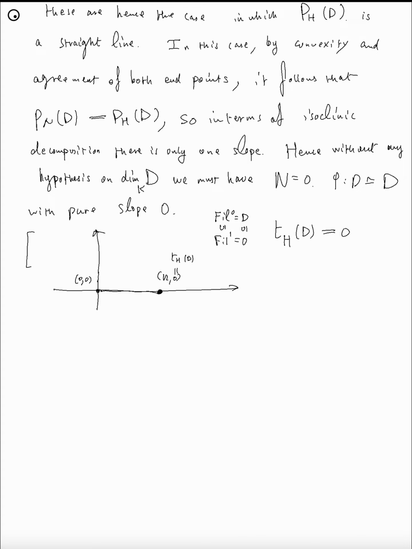And this should also be the Newton number of D, because this trivial filtration should correspond to the admissible case.